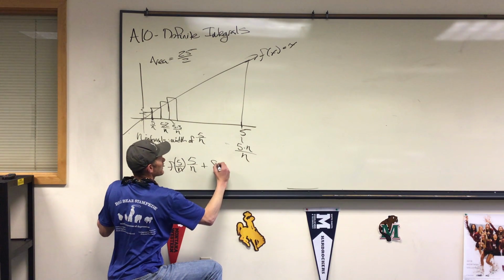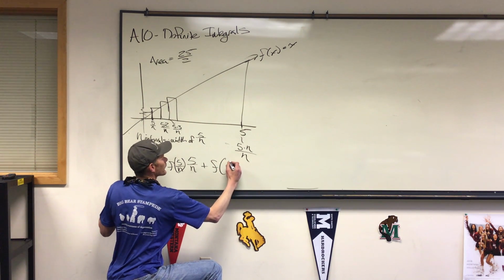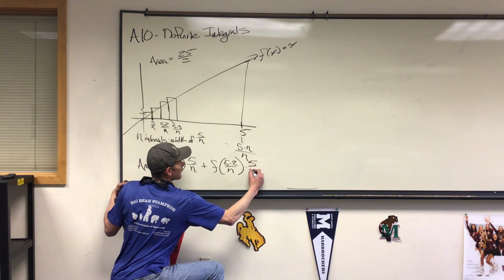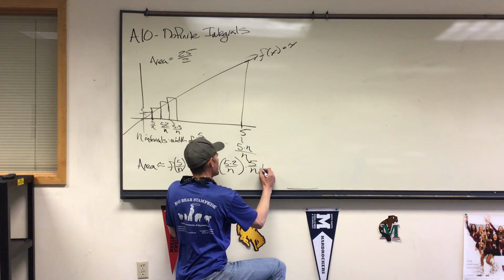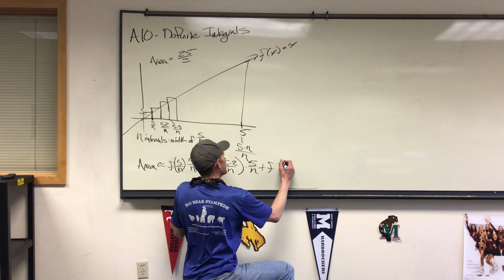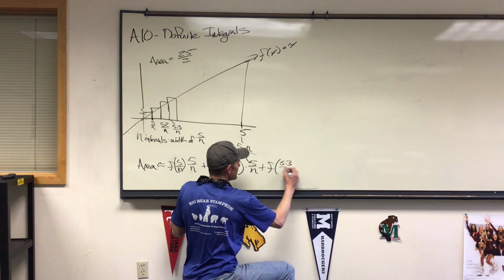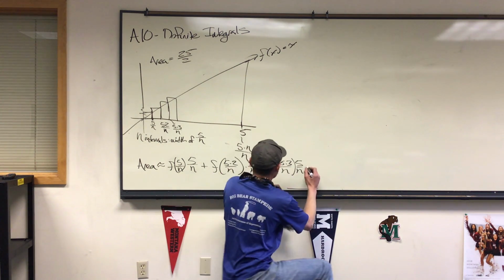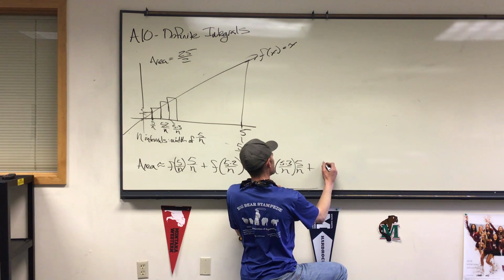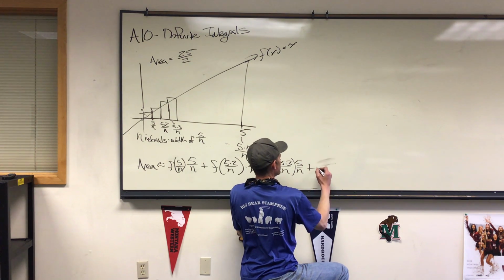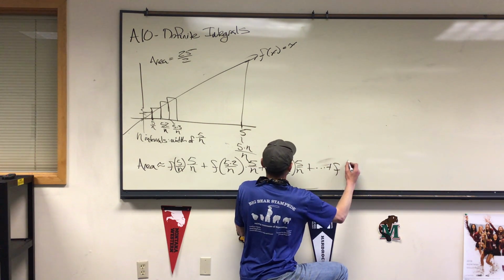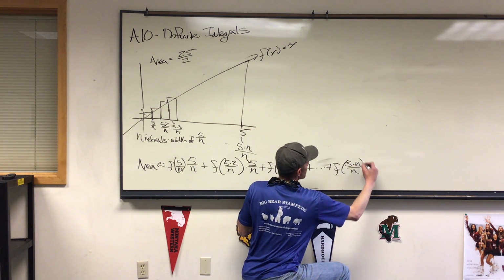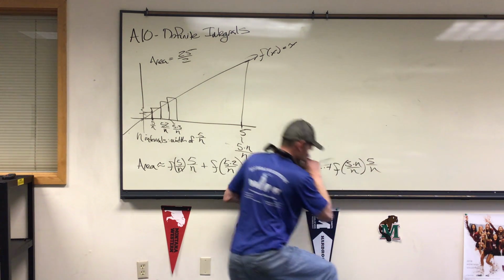Then we're going to do plus f of 5 times 2 over n times 5 over n. And then we're going to do f of 5 times 3 over n times 5 over n. And finally, plus f of 5 times n over n times 5 over n.